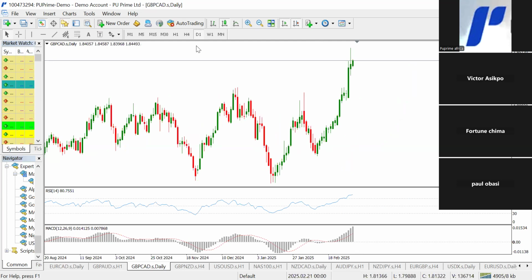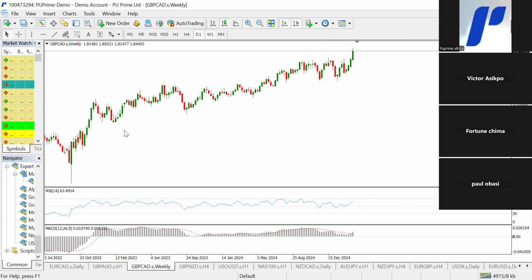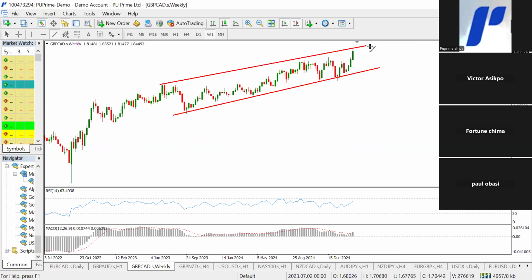And just like the GBP AUD, we have a rising wedge pattern, and price has bounced multiple times within the rising wedge. And the next wave of movement is actually a downward movement.